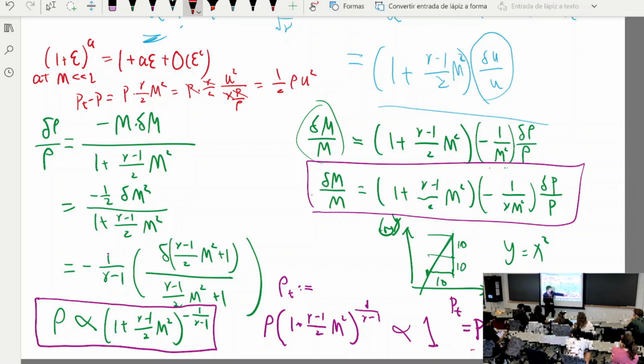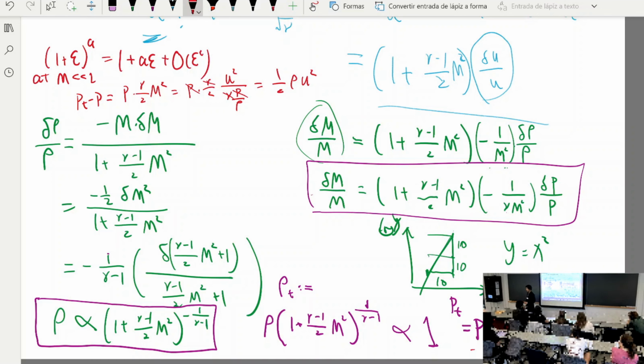But the definition is different. It's not different, it's extended, in the sense that this new, more complex definition agrees with the original definition, p plus half rho u squared, at very low Mach number. But this new formulation is actually appropriate for any Mach number you want. Alright, any questions on this?